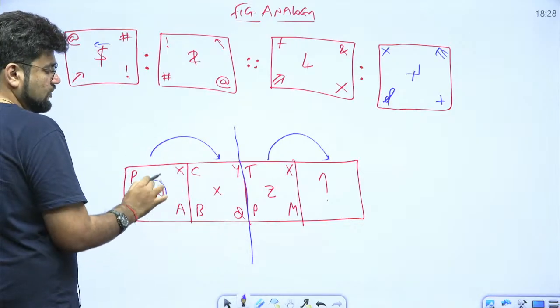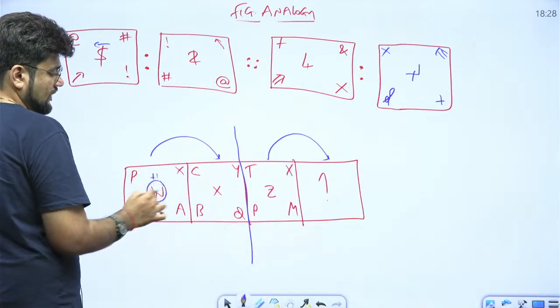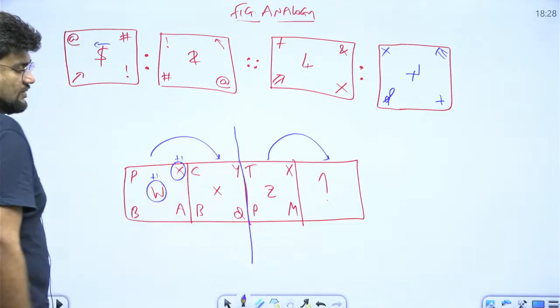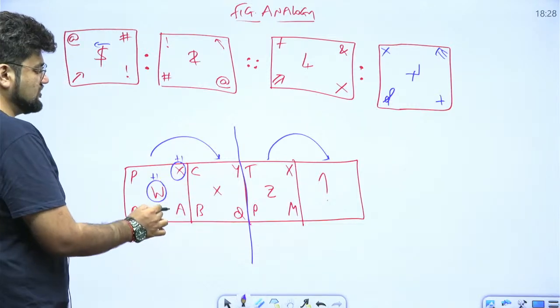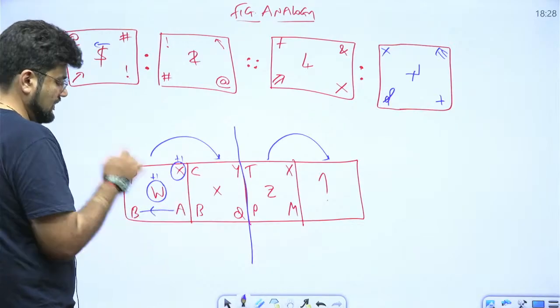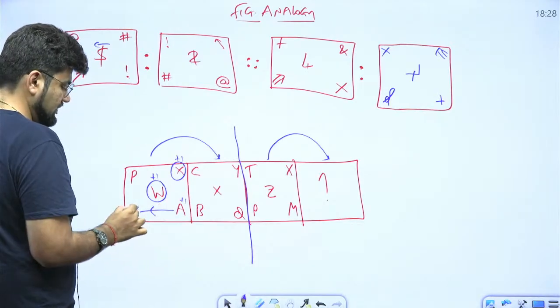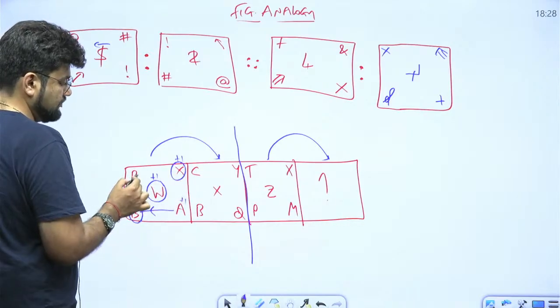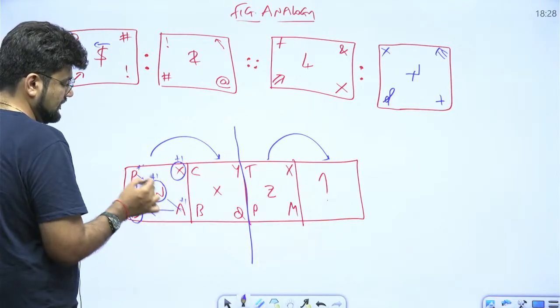This is staying in its place and just increase by +1. This is staying in its place, just increase by +1. And these 3 are changing places and increasing by +1. So A is going here by increasing by 1, that is B. B is going on the top, increasing by 1, that is C. And this P is coming here, increasing by 1, that is Q.